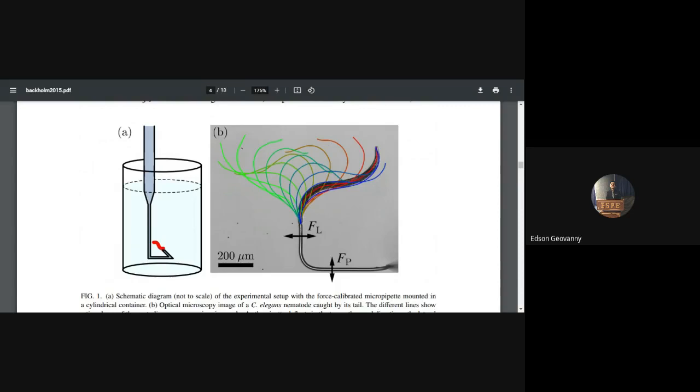The rest of the pipette was tilted at 90 degrees out of the swimming plane to adjust a force sensing cantilever. And in figure 1b, following the deflection of the micropipette in both directions, lateral drag force and propulsion force were measured directly.